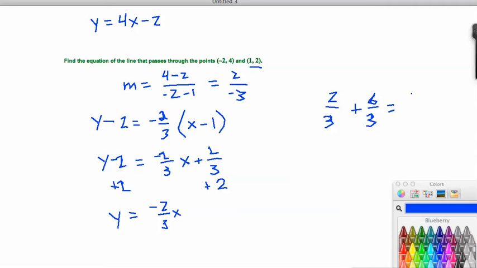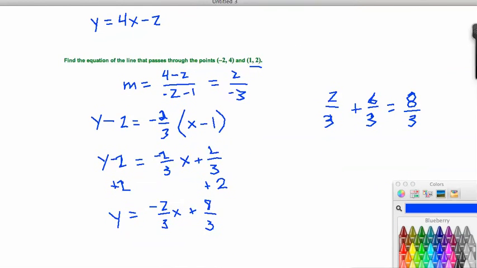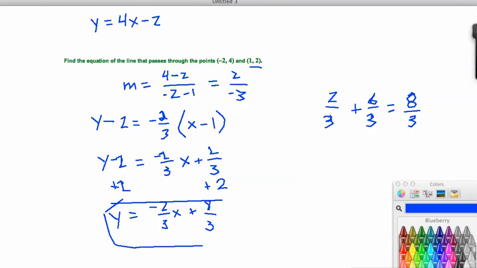That's going to give us 8/3. So our final equation, in slope-intercept form, which is the most common, would be y equals negative 2/3 x plus 8/3. And that's it.